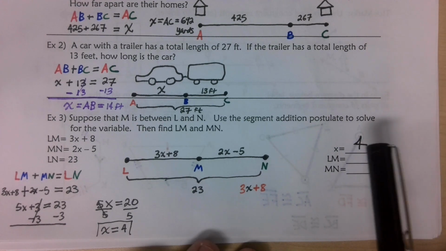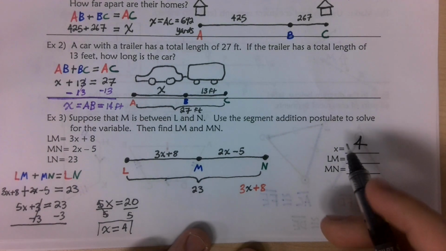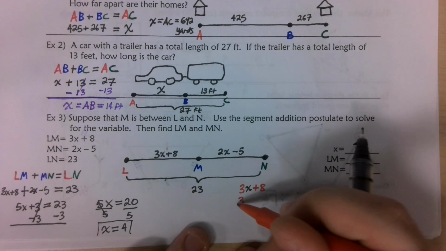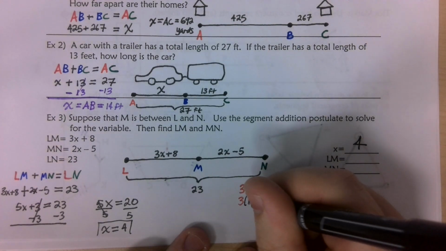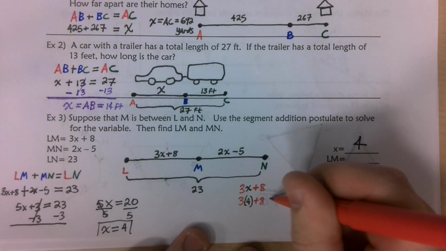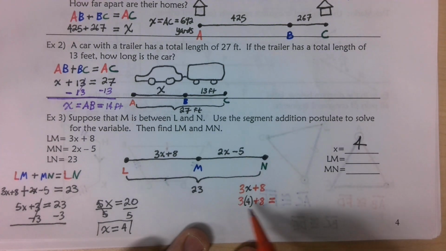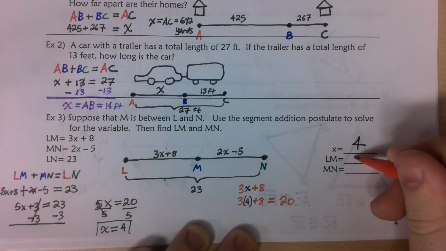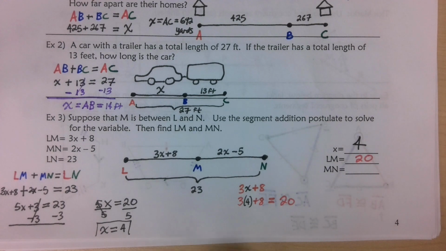So if we know x is 4, we can just plug 4 into the expression. 3 times 4 plus 8 will be the length of that segment, which is 3 times 4 is 12, plus 8 is 20. LM has a length of 20.